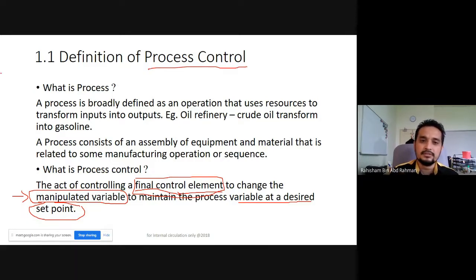You can always use this definition as the official one, but other definitions that reflect your understanding are acceptable, as long as you don't leave out the keywords, for example final control element, manipulated variable, and set point.